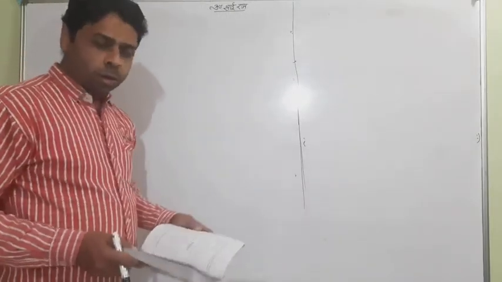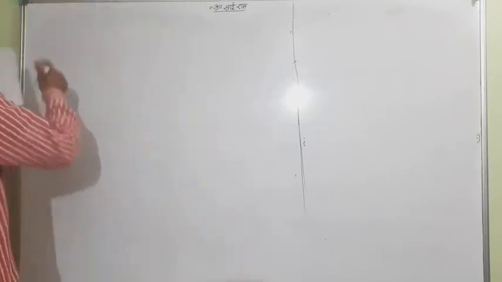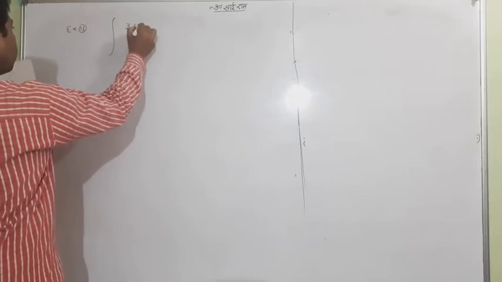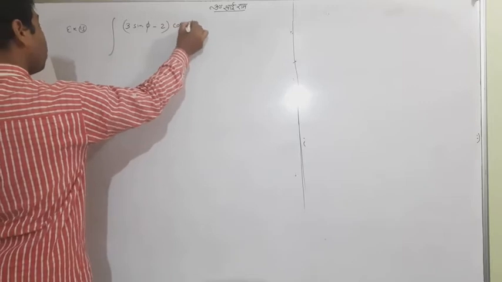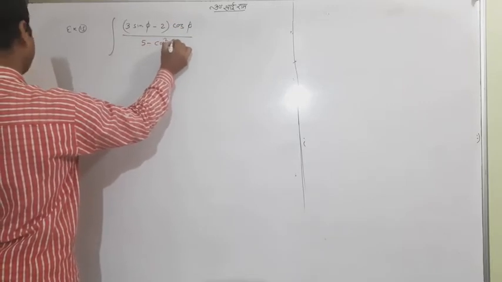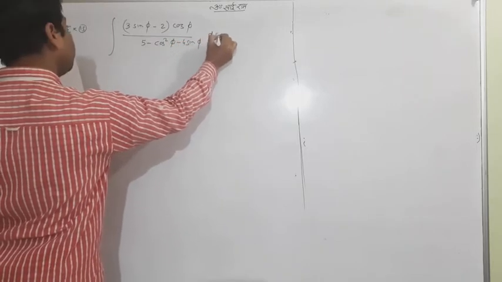Hope you remember, yesterday we had a question, example number 15. The question was the integral of (3 sin phi minus 2 cos phi) upon (5 minus cos square phi minus 4 sin phi) d phi.